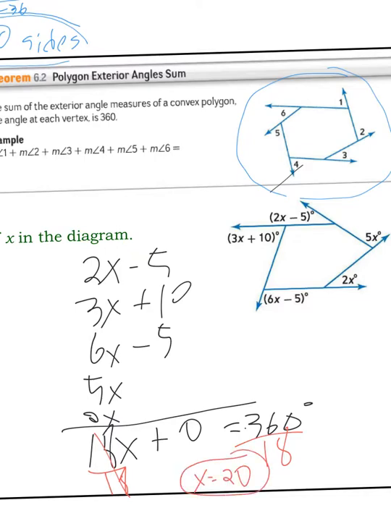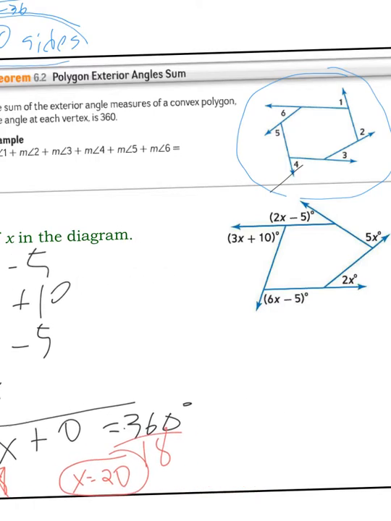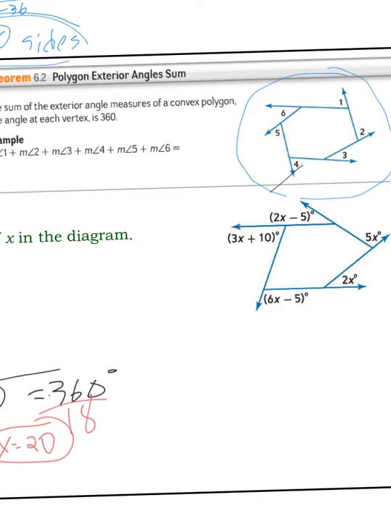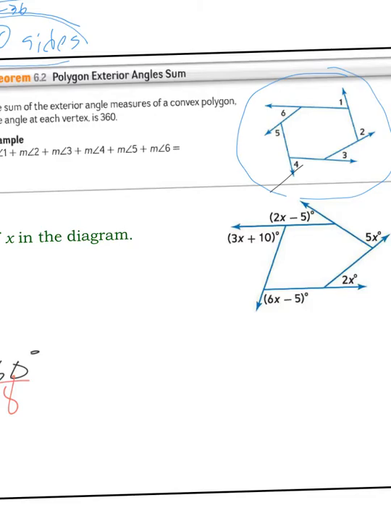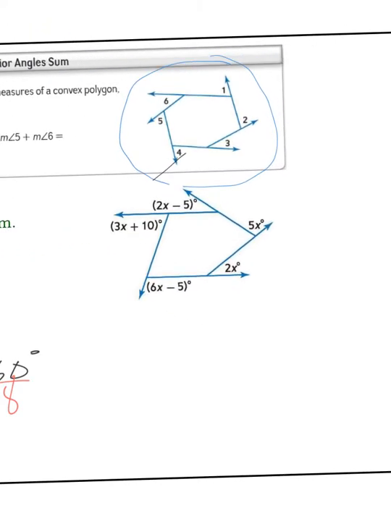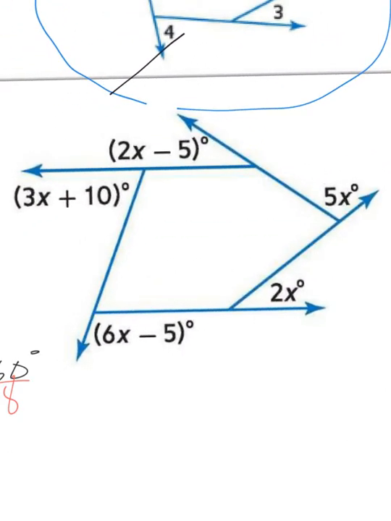And there we have it. I could just plug in 20 into each one of these, and I could figure out the angles. So 2 times 20 is 40. 40 minus 5 is 35. 5 times 20 is 100. 2 times 20 is 40. 6 times 20 is 120.